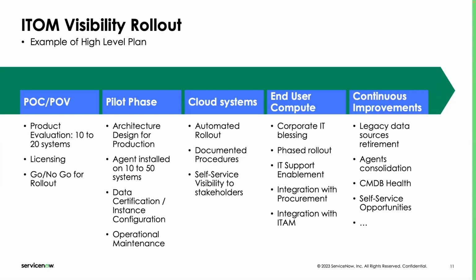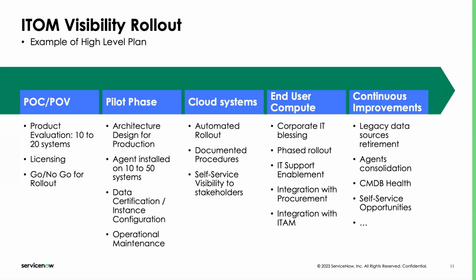Let's say you do not have credential based discovery enabled in just one segment of your network. You may want to start deploying the agent into these systems at first, so that you get the value of the agent immediately for your discovery requirements.